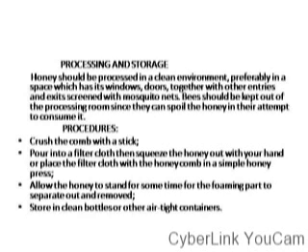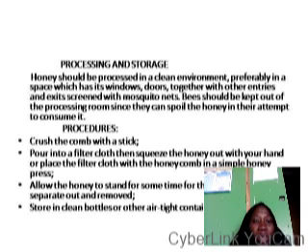The processing is done via two methods, and the first one could be a local one. In this local method of processing, after getting the honeybee combs, we will crush them using a stick, and after the crushing, we pack bit by bit of this crushed honeycomb into a filter cloth, or what we call the muslin cloth, the type of cloth we use in sieving our cornstarch at home.